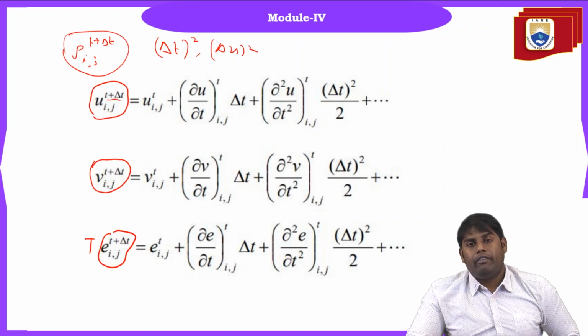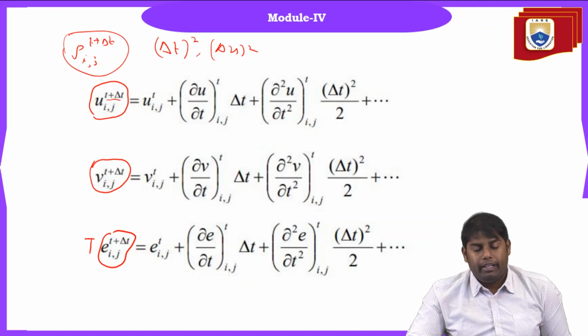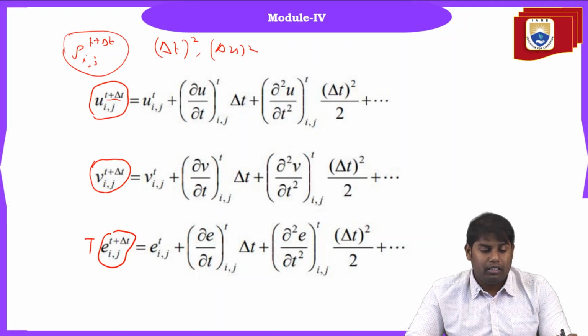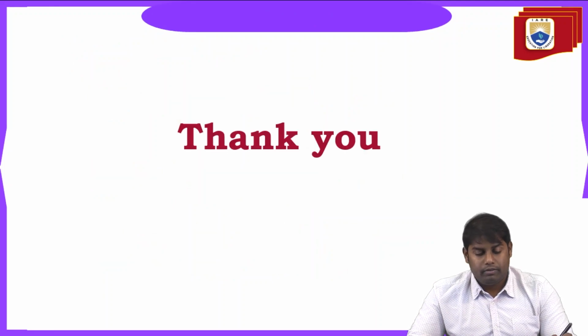So the Lax Wendroff technique is very lengthy in mathematics and very lengthy in deriving from one variable to another, or let's say from one mixed derivative to another mixed derivative, and we are doing it for only one point. When we want to calculate for all the points, it is a hectic procedure, right?